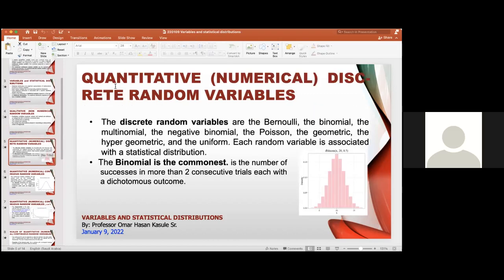Now we'll talk about quantitative variables. These are numerical. They have numbers. We'll start by talking about the discrete ones. Remember, we said quantitative variables can be discrete or continuous.